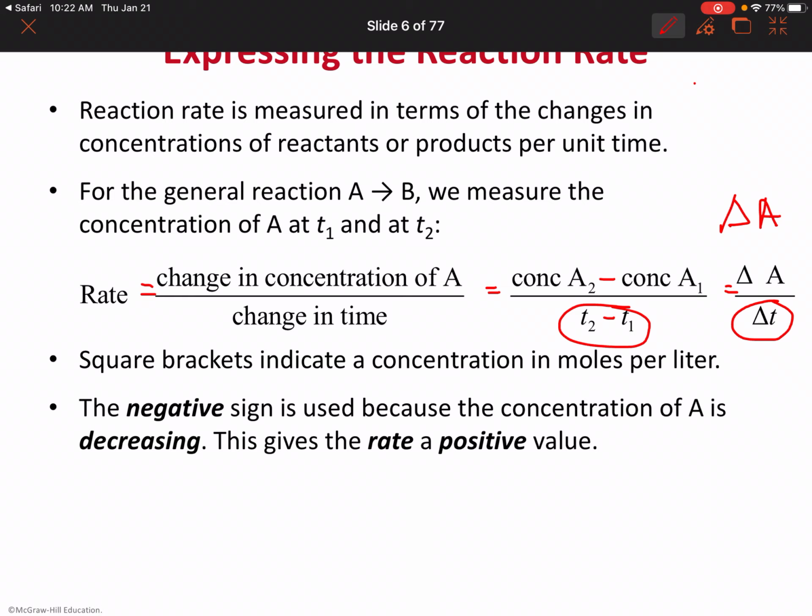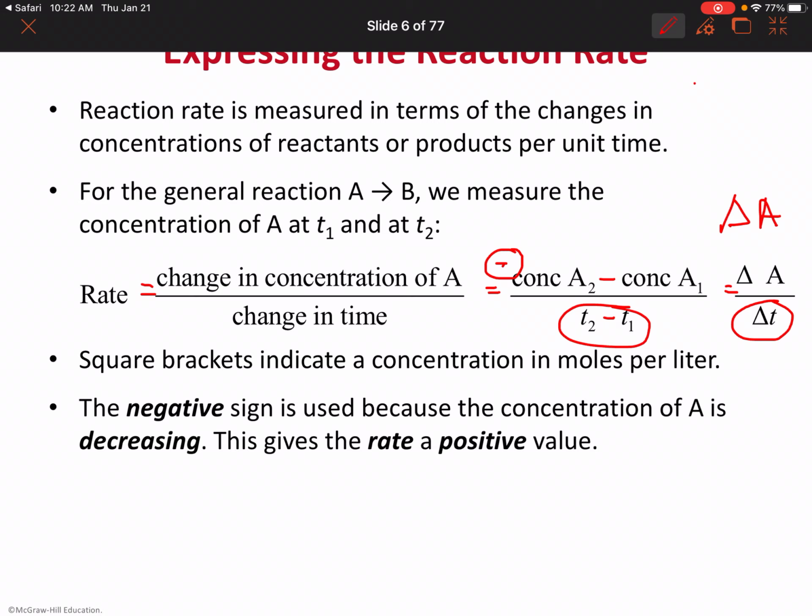So here this is going to be negative, because now if you start a reactant with A and after a certain time period it becomes concentration A2. Which one is bigger, A2 or A1? A1 is going to be bigger, because A1 is what you started with. Right now you have A2, so A2 is less than A1.